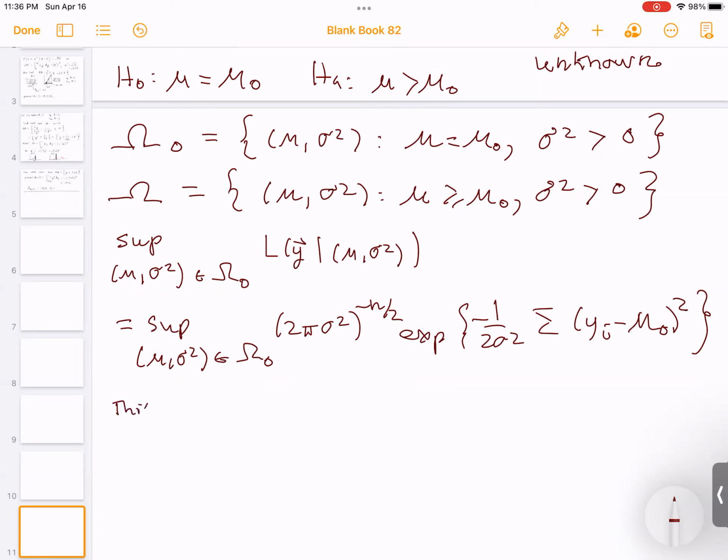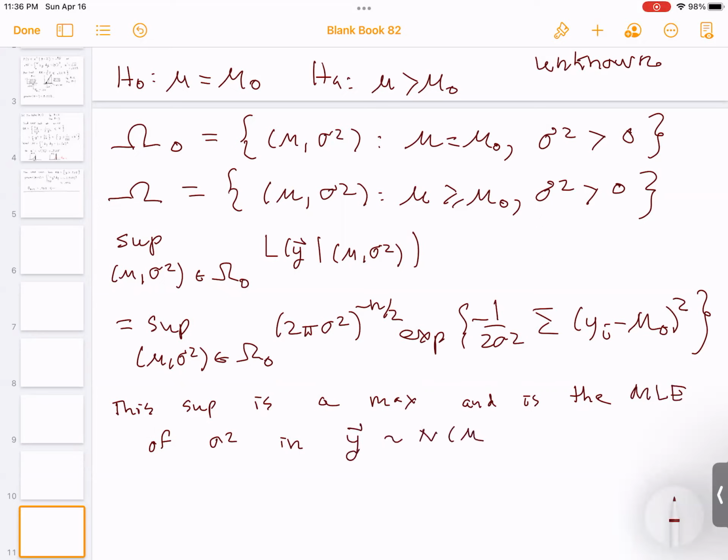This sup is a max. It is attained and is the MLE, right? Maximizing the likelihood of sigma squared in y IID, right?